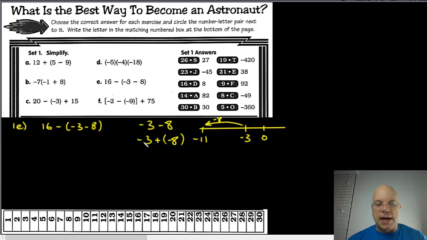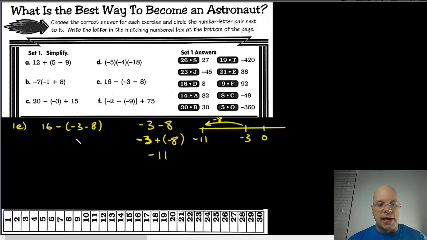And if you're adding two negatives, you just get a negative, because it's like if I owe somebody $3 and I owe somebody $8, that combined debt will be a debt of $11. So there are lots of different ways to think about integer addition and subtraction, but oftentimes if you're subtracting with integers, it's easiest to first turn it into an addition problem by remembering that subtracting is the same as adding the opposite.